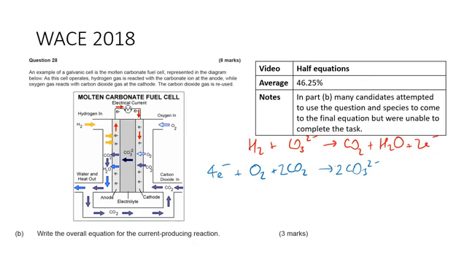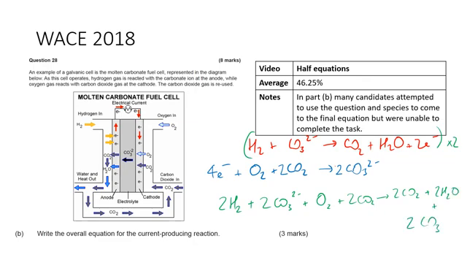Now I got to combine them, so you got to find the lowest common multiple. Happens to be 4, so this one has to be multiplied by 2. Multiplied by 2. So therefore, the overall equation will be 2H2 plus 2CO3 2- plus O2 plus 2CO2 goes to 2CO2 plus 2H2O plus 2CO3 2-.